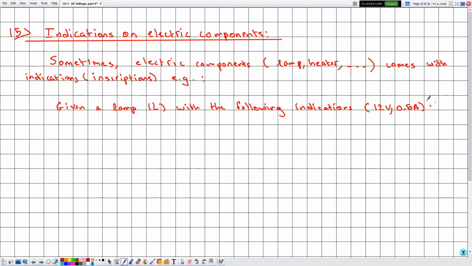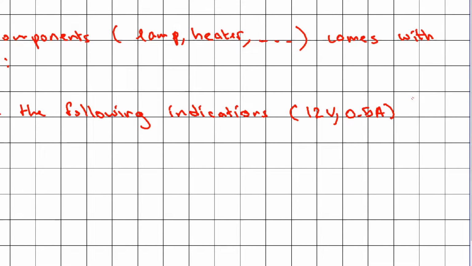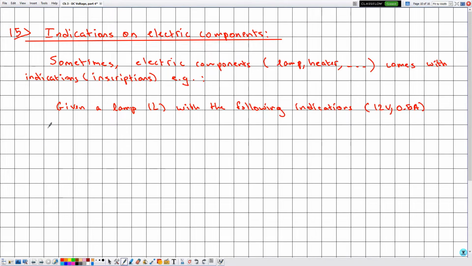Suppose we have a lamp L that carries the following indication. On the lamp L, we can read the following indications: 12 volts and 0.5 amperes. Then we are interested in answering the following question: what do these indications mean?